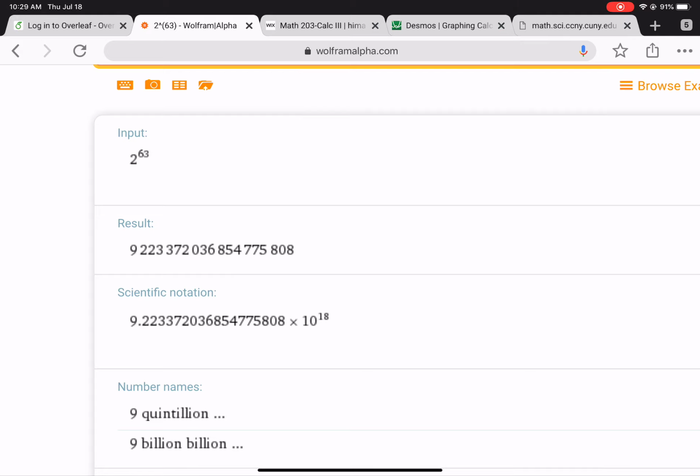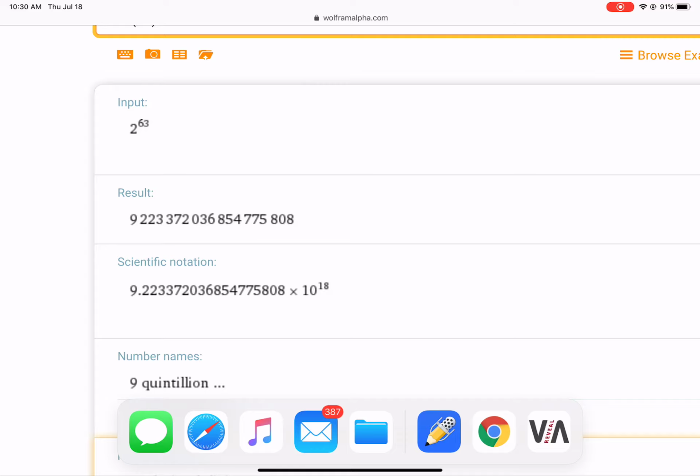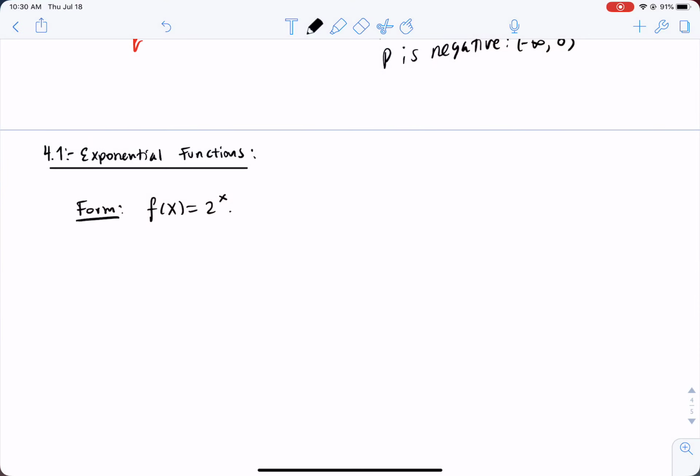But oh, look, it reads it for us, right? 9 quintillion. But it's just that last box, right? So you can imagine that just having 64 spaces on a game board of chess, it increased really fast, exponentially, right?